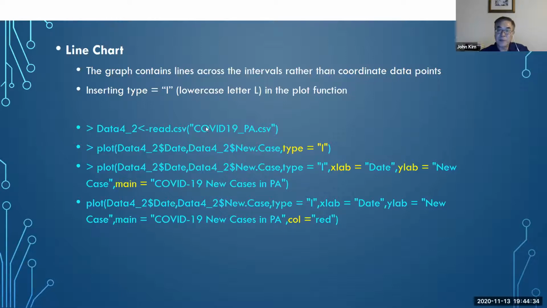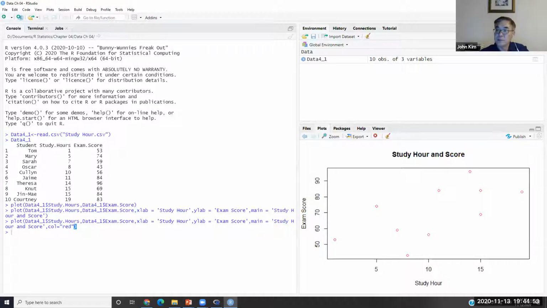So using a different data set, or if we use the same data, I will just copy and then try to include the type.